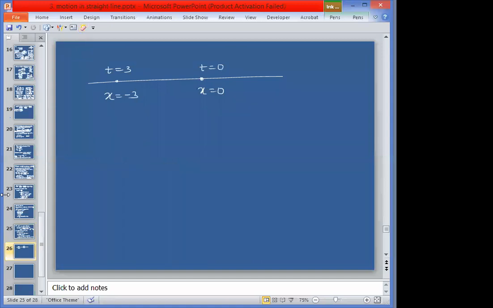Now you have to understand, if the velocity of the particle is always negative, means always leftward, the path of the particle will be like this. But if the velocity is initially positive, then initially for some time it will move like this. Then its velocity will go on decreasing. The velocity will become 0 and the velocity will reverse the direction and now it will become negative. आधी velocity positive आहे.